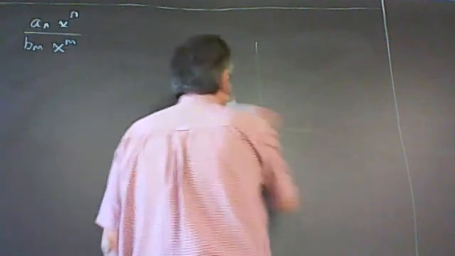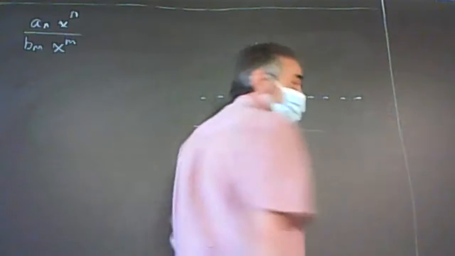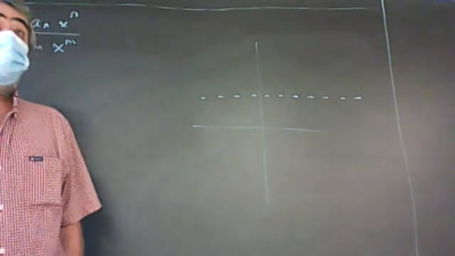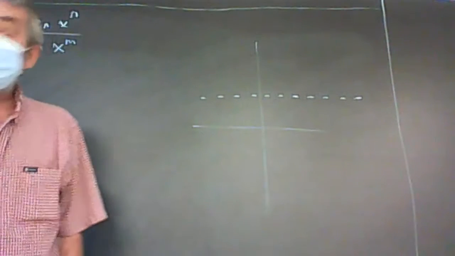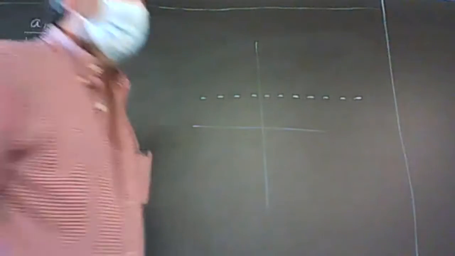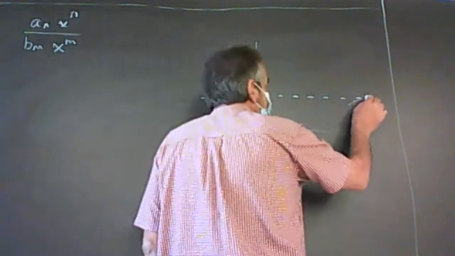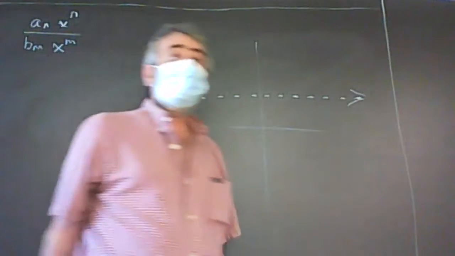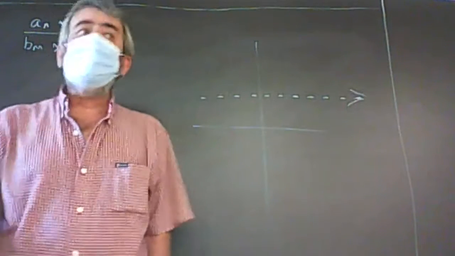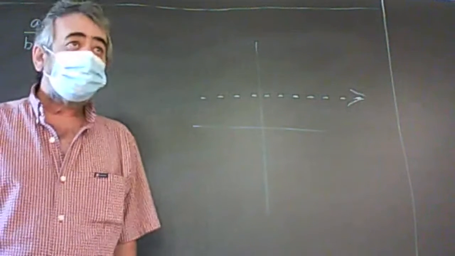How about horizontal asymptotes? These are the terms that we look at to determine if we have a horizontal asymptote. A horizontal asymptote is basically a horizontal line which the graph will never touch at the end of the line. However, in the middle, it may do so.